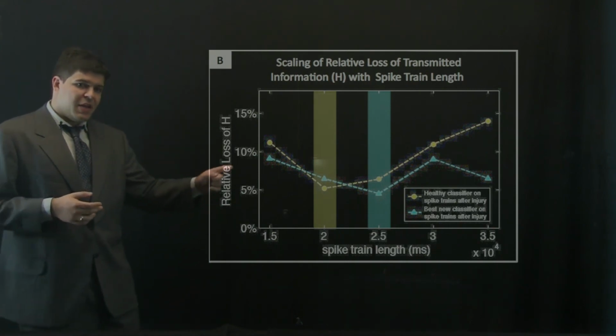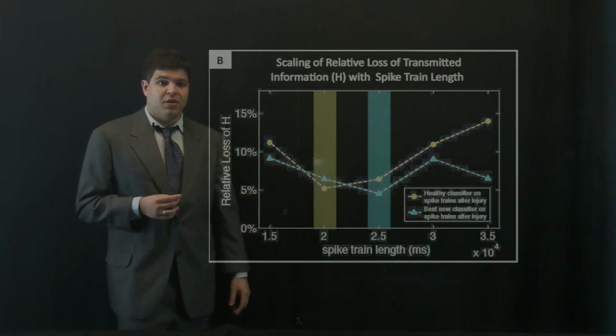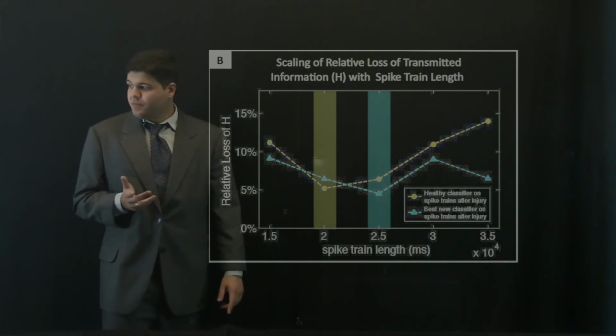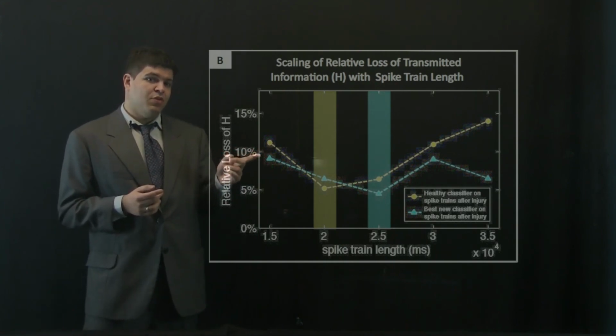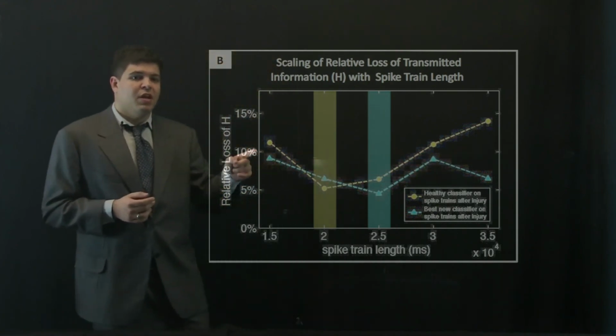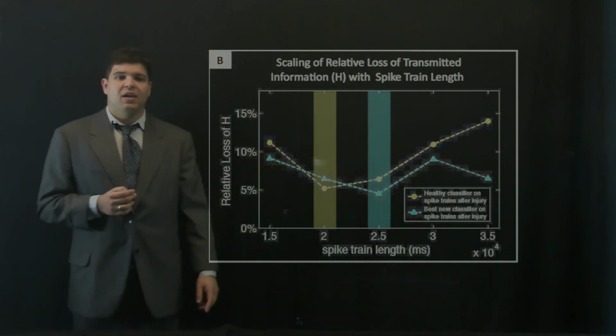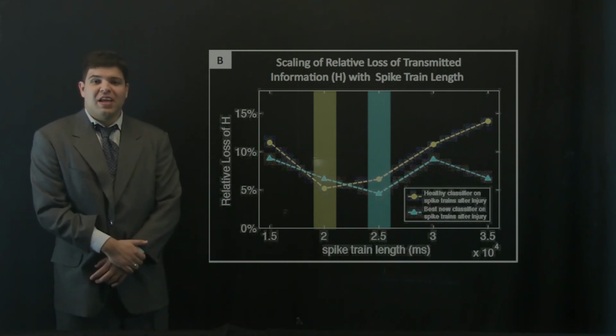Basically we got this pattern right here. What is interesting to note is that we do expect a relative loss of information of around 10%. I think that is a really interesting result.